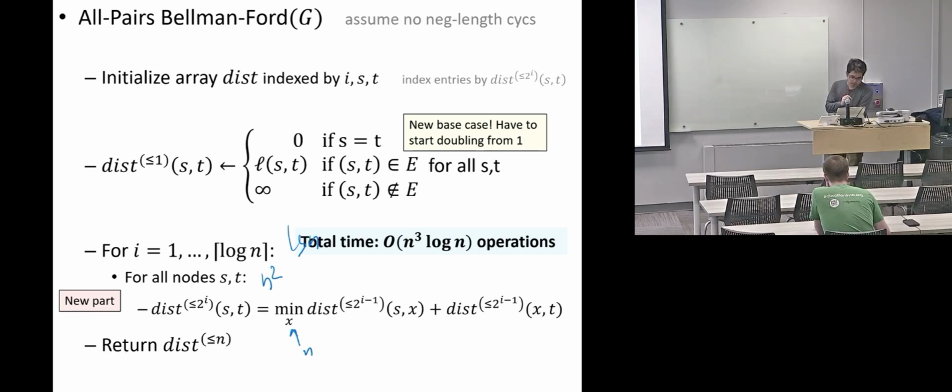Okay. And at the end, you just return this for all pairs. So that's one way to compute all pairs shortest path.